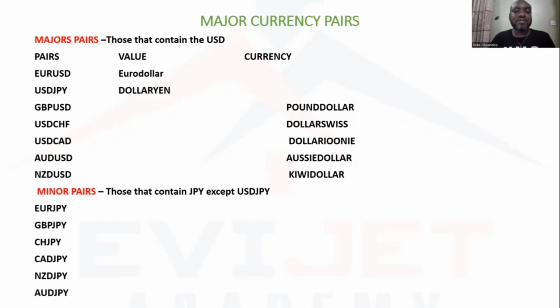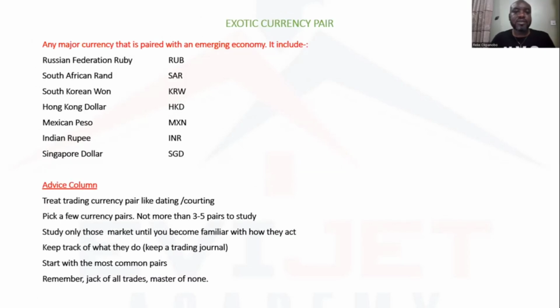So we also have the exotic pairs. Now, an exotic pair is any major currency that is paired with an emerging economy. So which countries do we call emerging economies?